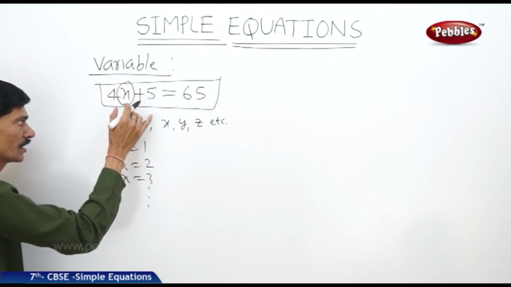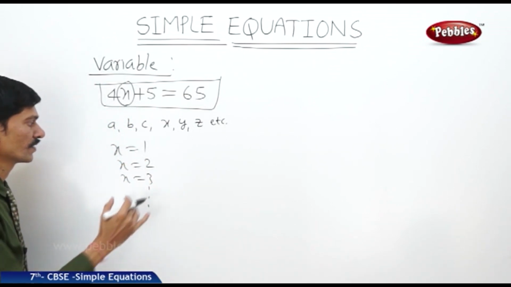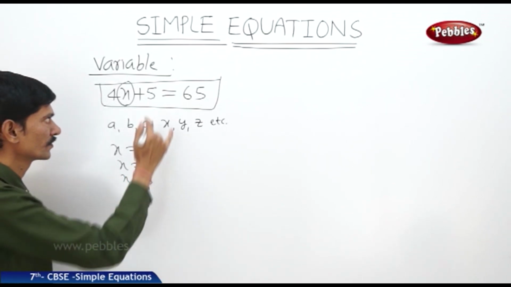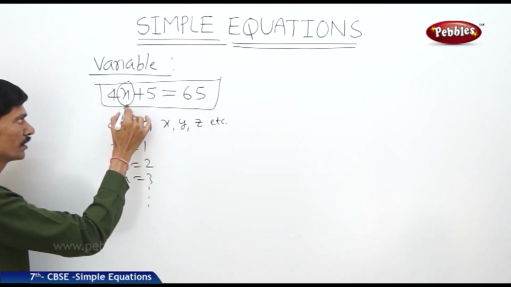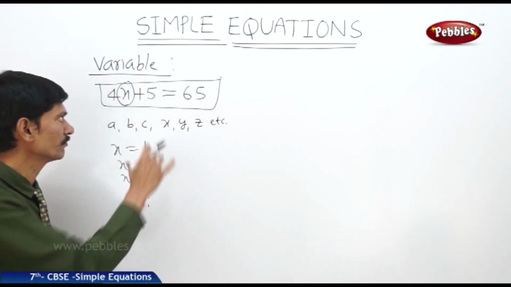Here the variables can take on any numerical values from a given number set, either from the natural numbers or from the whole numbers or from the integers or from the rational numbers, and it does not have any fixed value, so it can change, it can vary.